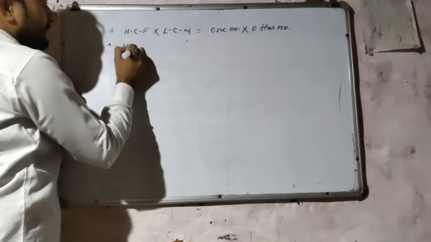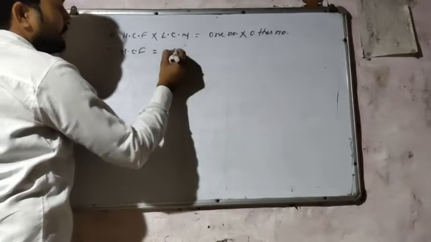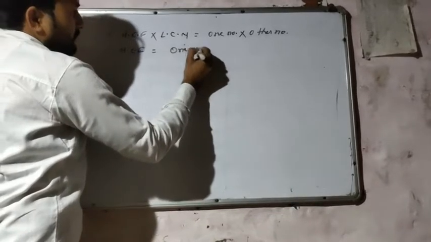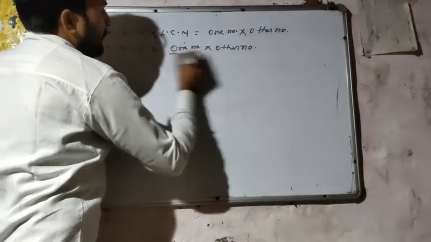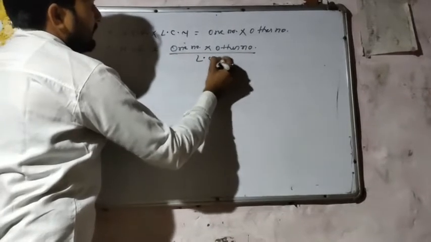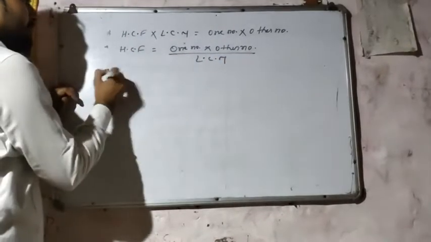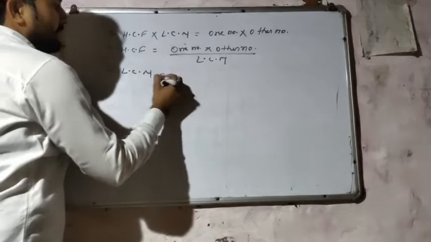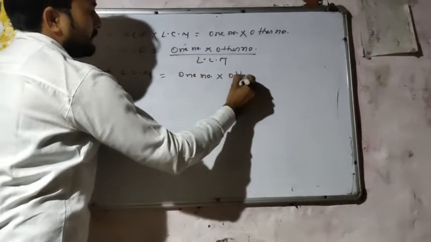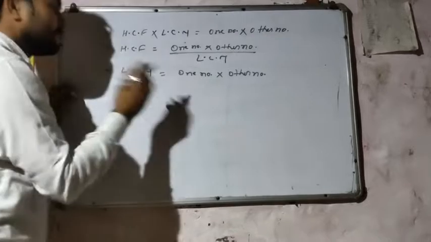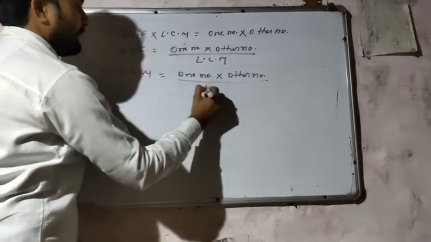Here HCF equals one number into other number by LCM. LCM equals one number into other number by HCF.